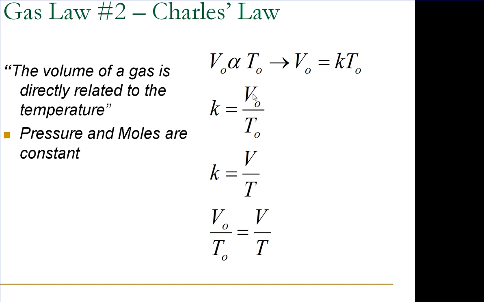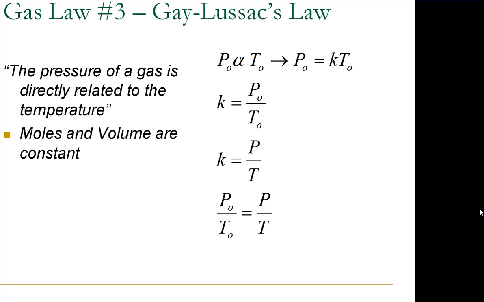Setting that constant equal, we have V naught divided by T naught is equal to V over T. Third is Gay-Lussac's law, which says the pressure of a gas is proportional to its temperature. Using the same logic, P naught divided by T naught is equal to P over T.